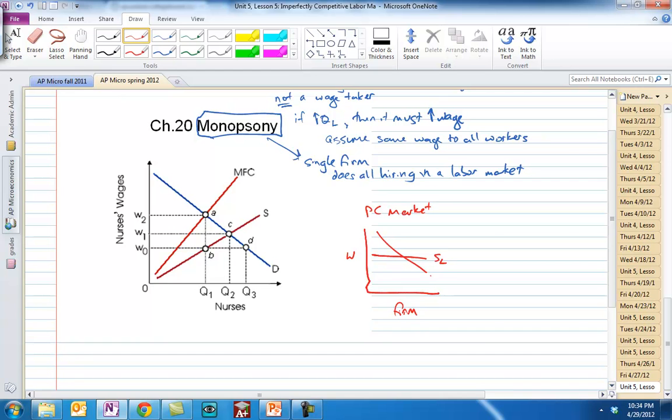It has a downward sloping demand for labor, which is equal to the value of the marginal product of labor. And it chooses this quantity, which is its best profit maximizing quantity of labor to hire, and pays this market wage to each of those workers.